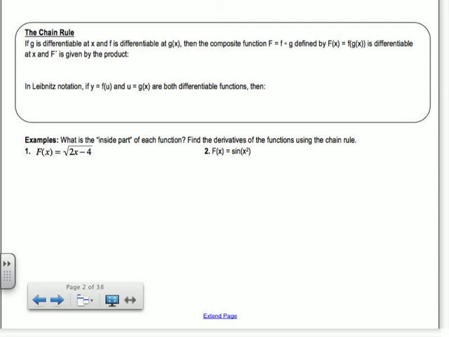It's differentiable, and f prime is given by the product: f prime of g of x, so the inside stayed the same, times g prime of x. So the inside is the same, and then the second part is the derivative of the inside.